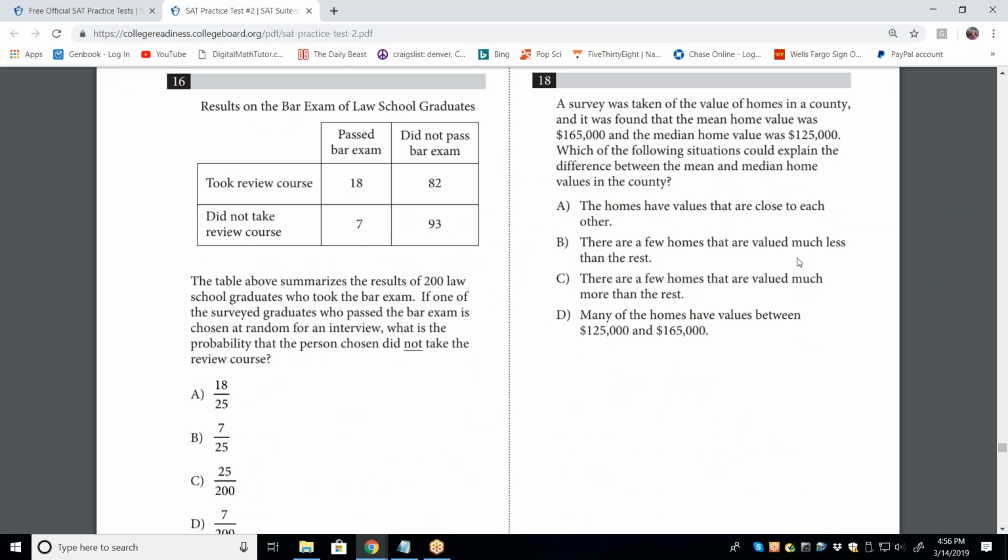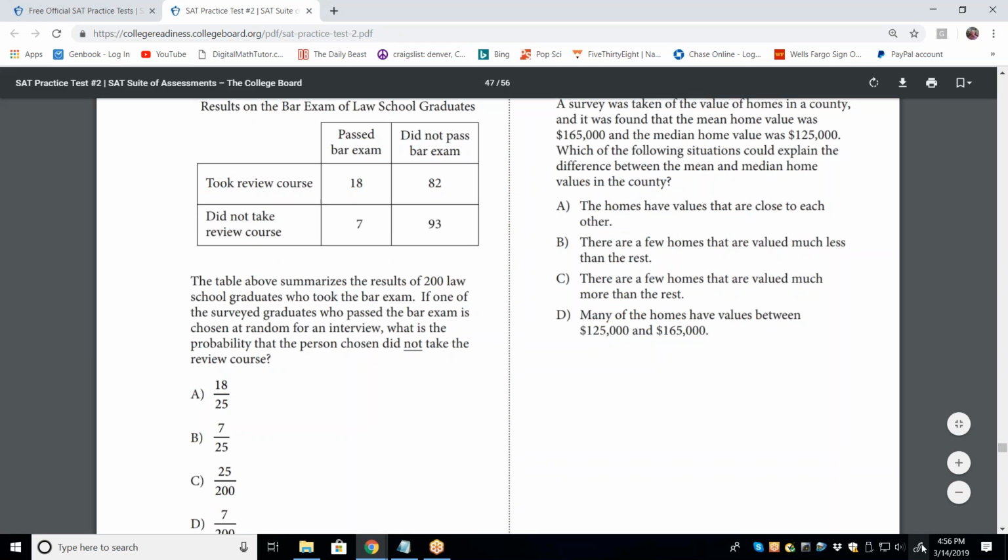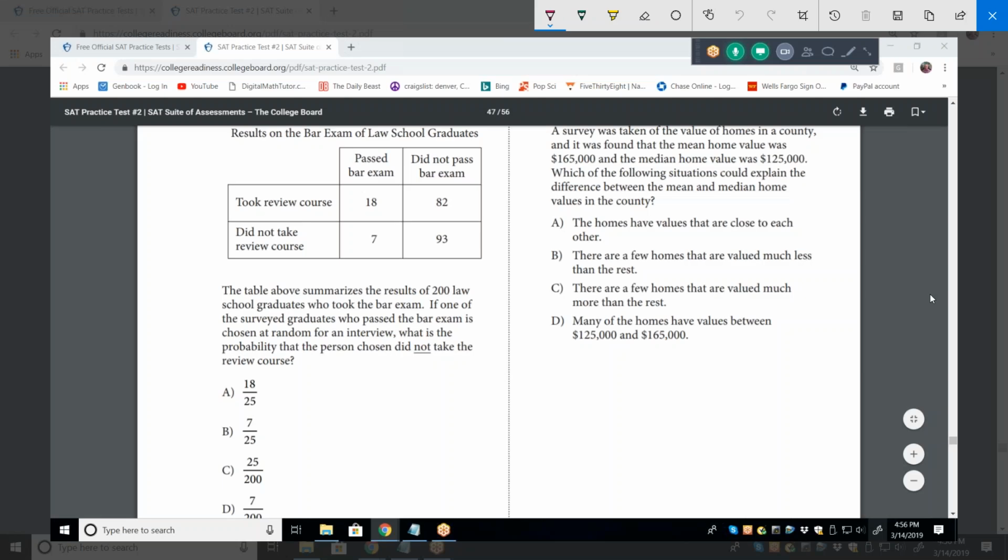Number 16. Which of those 4 cells is the one for the person that did not take the review course? The lower left.